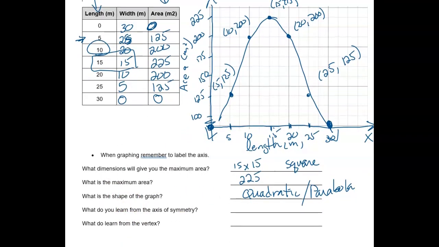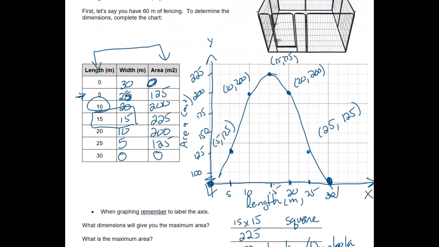And what do we learn from them? Well, let's draw in our axis of symmetry. It should be something we learn from this. And what we find is that, keep in mind, you only have 60 meters of fencing, so you have a limited amount of material. As you increase the length, the area will get bigger.